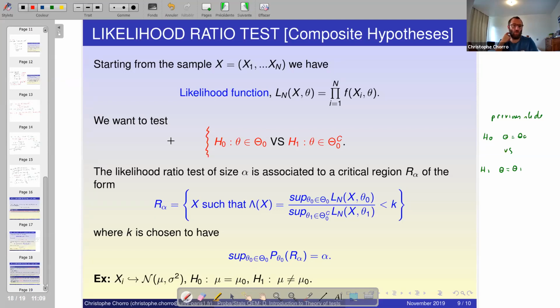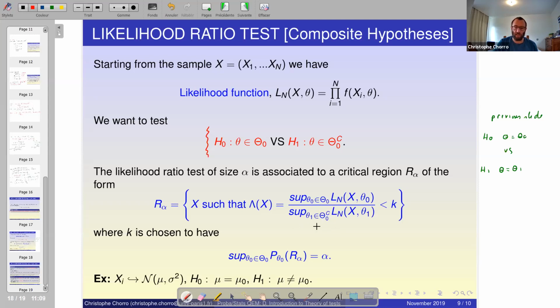So it means that when theta 0 is fulfilled, this ratio is big in general. And so we are going to build a critical region, or a rejection area, saying that I will reject if this ratio is not big.